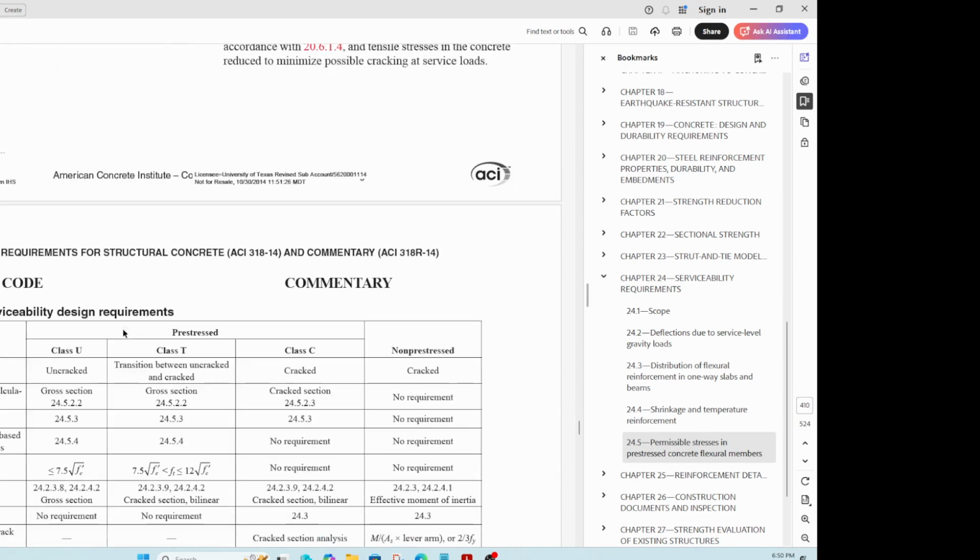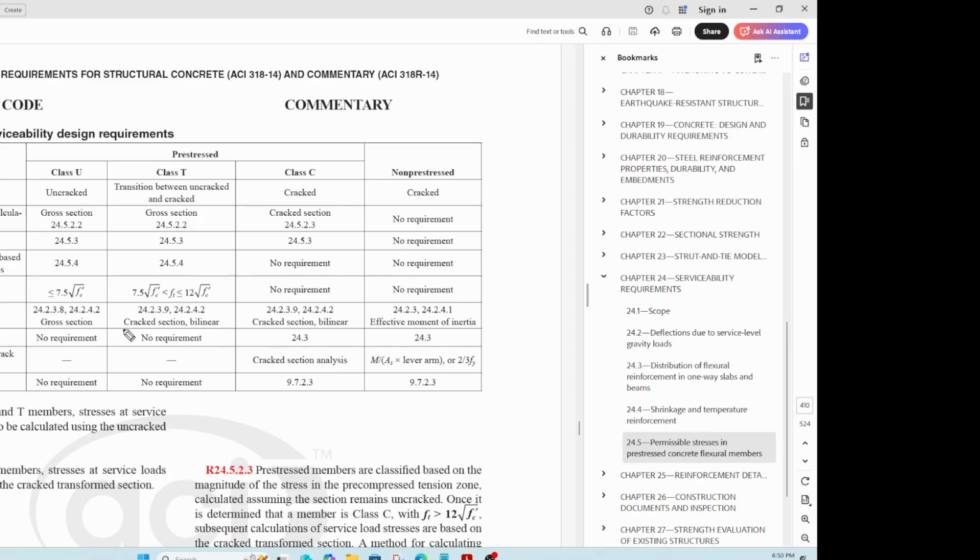All right, so let's go to the next section here. So here is a table. If you are a U, if you are a T, if you are a C, then how do you calculate your gross section properties? You go there to calculate your gross section properties. How do I get my allowable stresses? You go there to get your allowable stresses, I mean allowable stress at transfer. I will talk about transfer and all that.